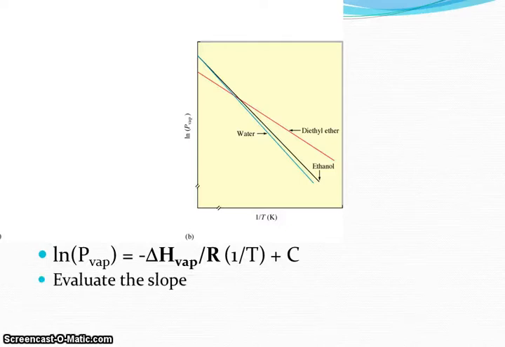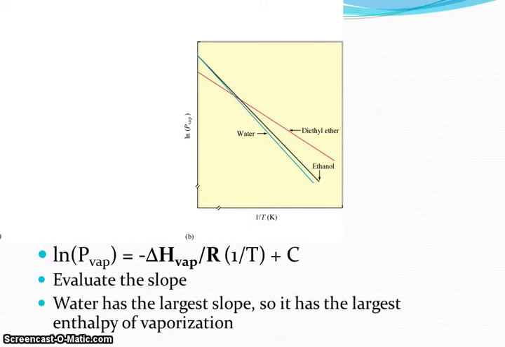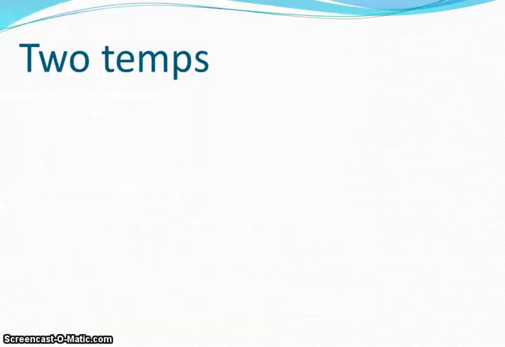We can evaluate the slope, and we can calculate what the enthalpy of vaporization is for a different liquid. And as we notice, since the slope for water is greater than our slope for ethanol or diethyl ether, it means that water has a greater intermolecular force than ethanol or diethyl ether, and therefore it's got a higher enthalpy of vaporization.